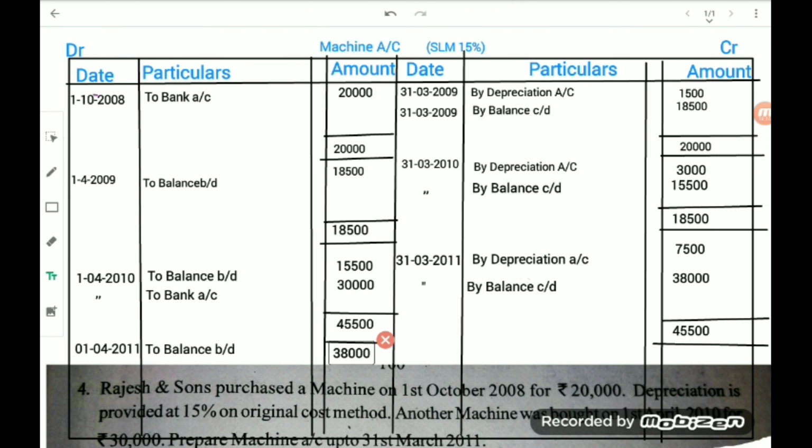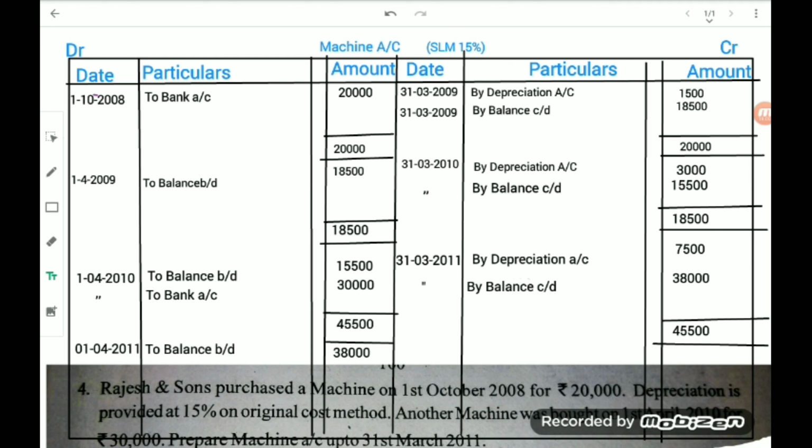It is the balance of machine 1 and machine 2, both the machines' balance. See here, in this problem we have 2 machines in total. Don't forget to take the other machine, machine 2, bought on 1st April 2010. The first financial year is 1st August 2008 to 31st March 2009, the second financial year is 1st April 2009 to 31st March 2010, and the third financial year starts from 1st April 2010, and in the third year we bought the second machine on 1st April 2010.